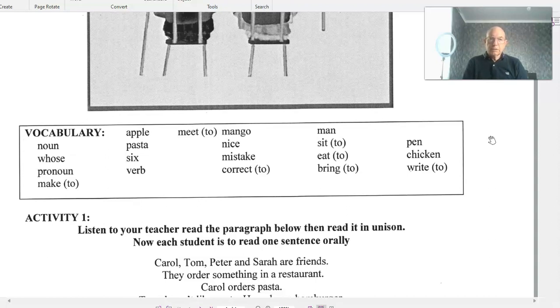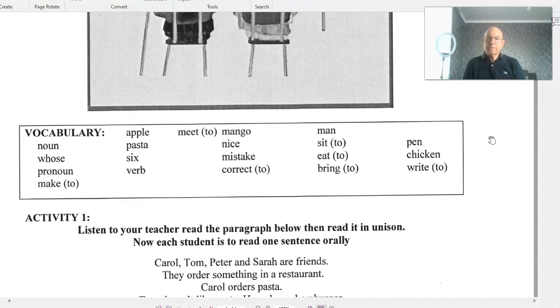Some examples of nouns: apple is a noun, man is a noun, mango is a noun, but to meet is a verb. Pasta is a noun, nice is an adjective. I don't see it in this group, maybe we'll cover that later.